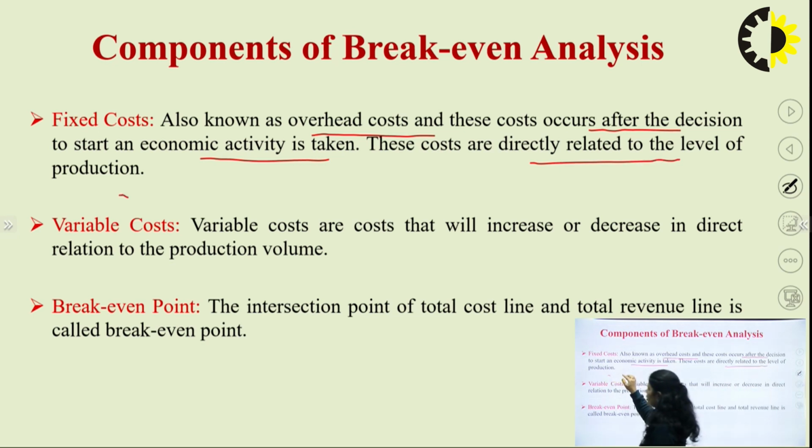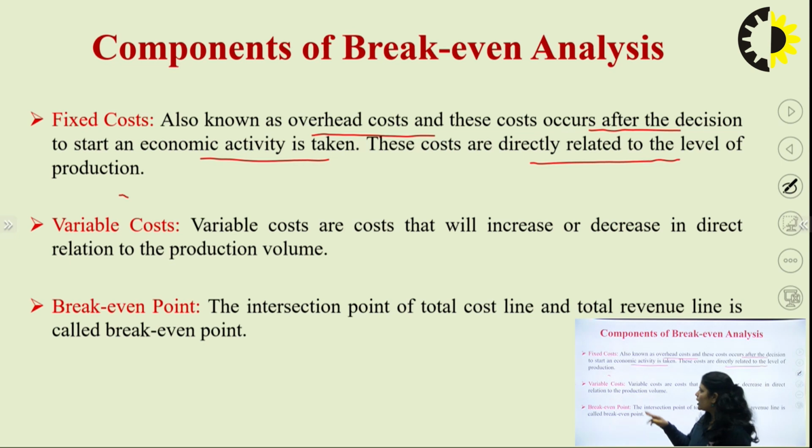As the quantity of production will increase, the fixed cost will also increase. What will be covered under the fixed cost? Interest, taxes, salaries, rent, depreciation cost, labor cost, energy cost, all these come under the fixed cost.